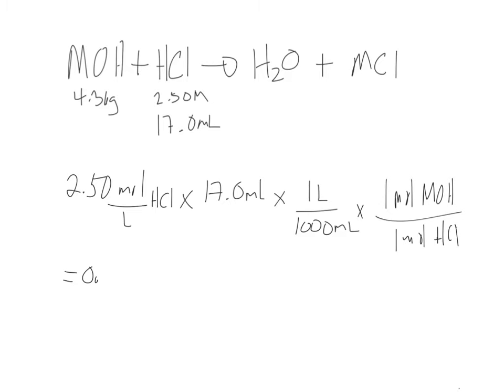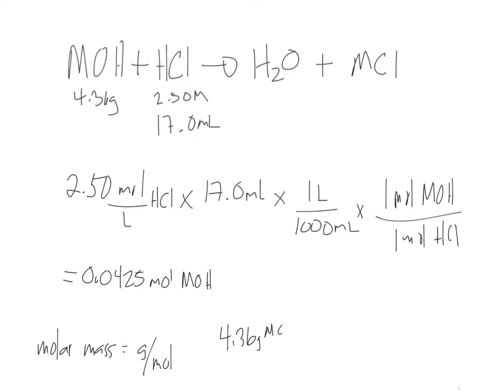That calculation gives us 0.0425 moles of MOH. Now we have to find the molar mass. You know that molar mass is the ratio of mass to moles of a substance, so it's grams per mole. Well, we know the number of grams that were consumed, 4.36 grams of MOH.